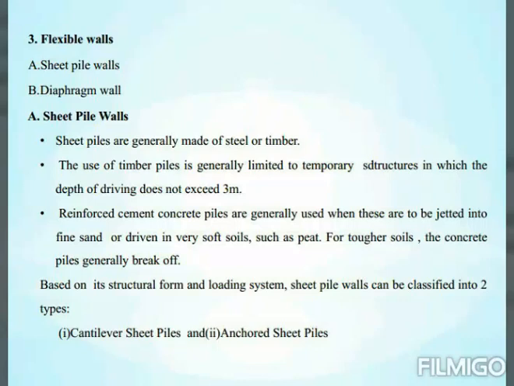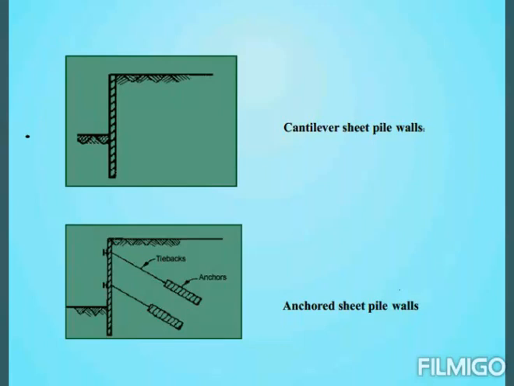Based on the structural form and loading system, sheet pile walls can be classified into two: cantilever sheet pile walls and anchored sheet pile walls. Cantilever sheet pile walls use cantilever action to resist the lateral earth pressure. In anchored sheet pile walls, anchors are provided for the stability of sheet pile.